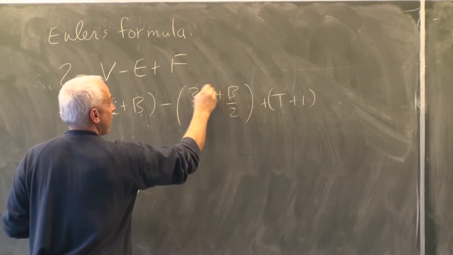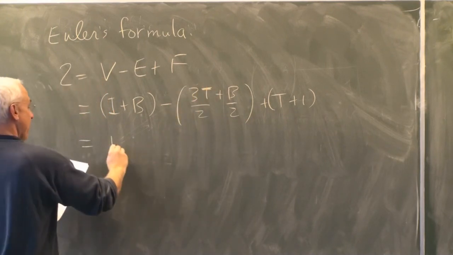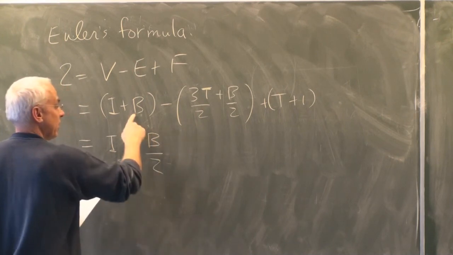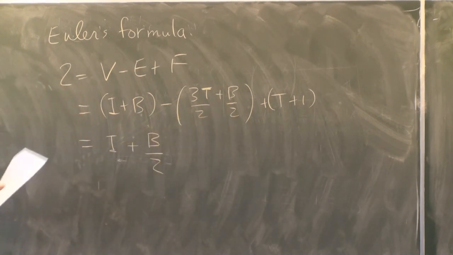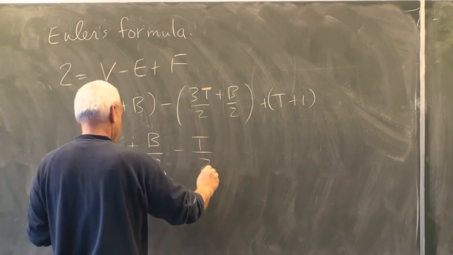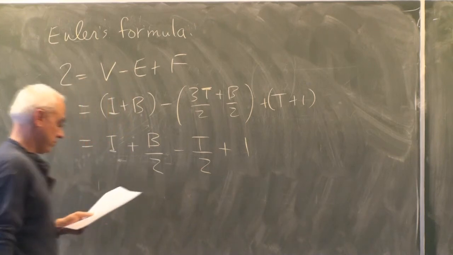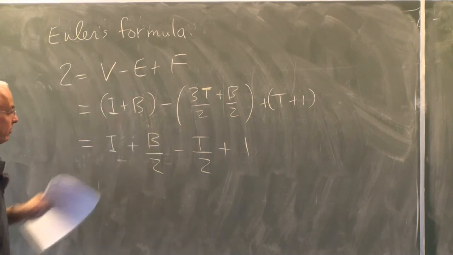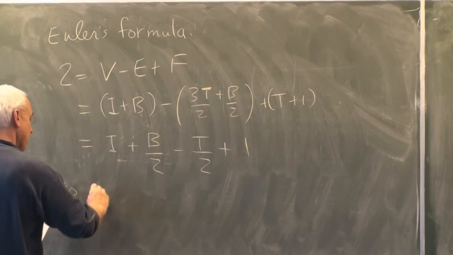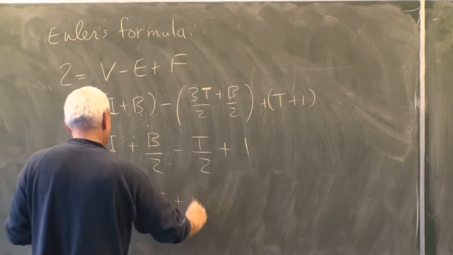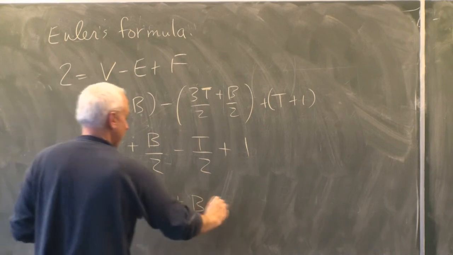So, okay, there's an I, plus B minus B over 2, and there's a T minus 3T over 2, that's minus T over 2, plus 1. And so, well, the 2 and the 1 will simplify. We can bring the T to the other side. So we have T equals 2 times I plus B minus 2.